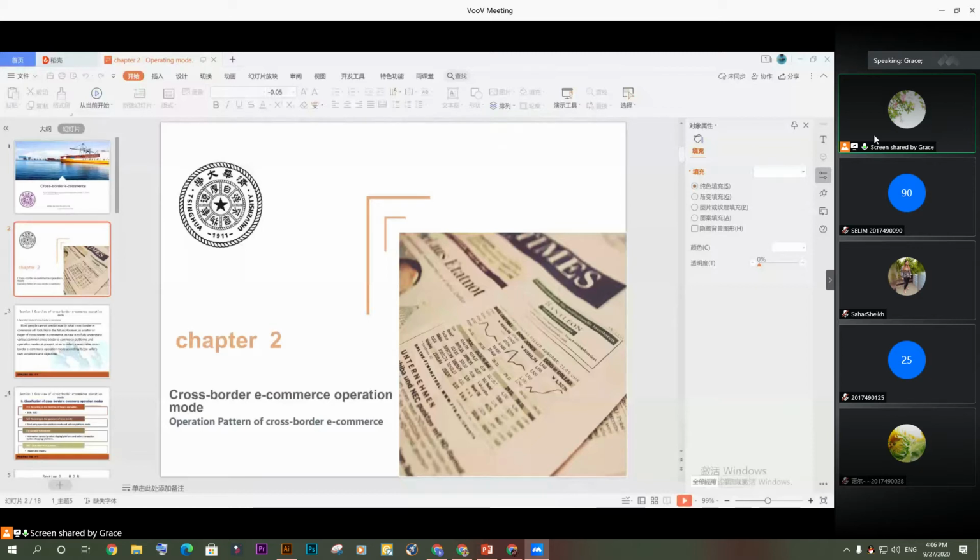So this is an operation. And in this chapter, we should learn maybe there are different ways for the sellers or buyers to operate the cross-border e-commerce. So we call this operation mode, an operation model. Maybe we can use another word, operation pattern of cross-border e-commerce.